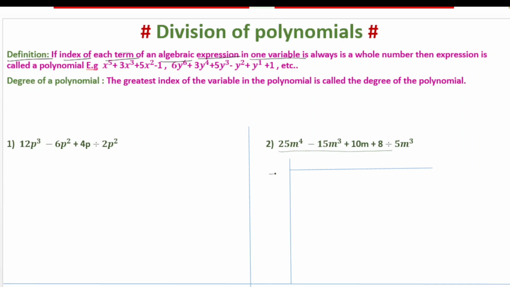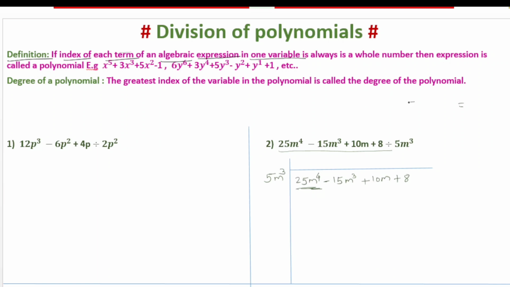Writing this here: 5m³ divided into 25m⁴ − 15m³ + 10m + 8.